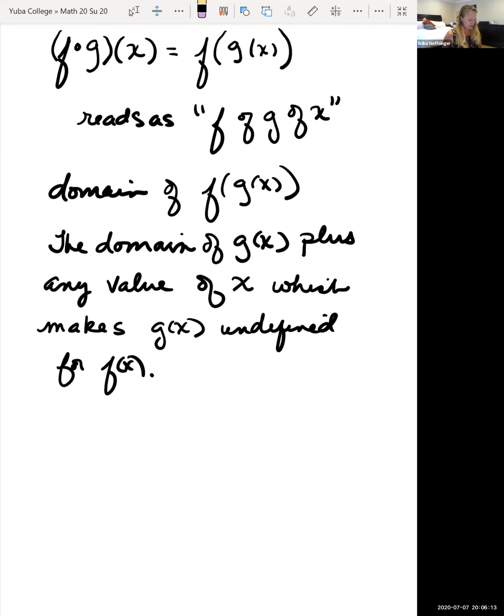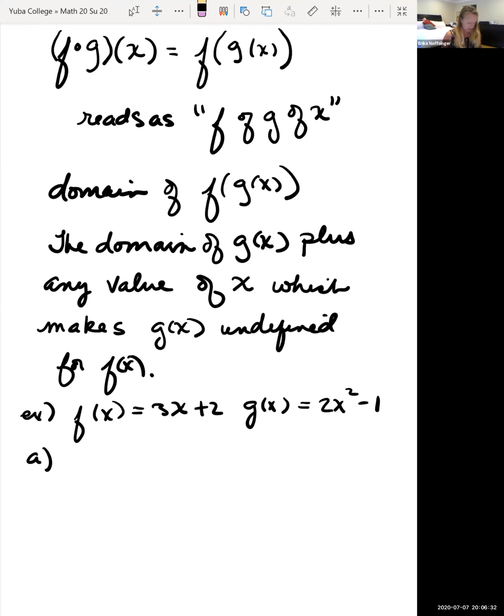Okay, let's start over. Let's say we have f of x is equal to 3x plus 2, and g of x is equal to 2x squared minus 1. So notation, the first thing they want us to find is f little circle g, parentheses, and then parentheses 4.